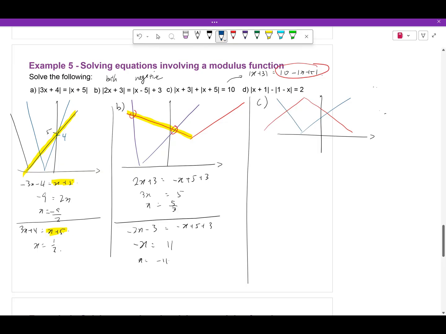Okay, notice 在这个地方，我们的 negative 的 x plus 3和我们的 negative 的 10 minus x plus 3的 negative 是 interacting，然后 positive 和 positive。So that means 我们这里是需要 a negative 的 x minus 3 equals to 10 minus bracket a negative x minus 5.